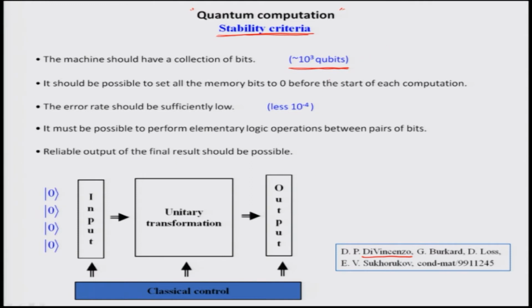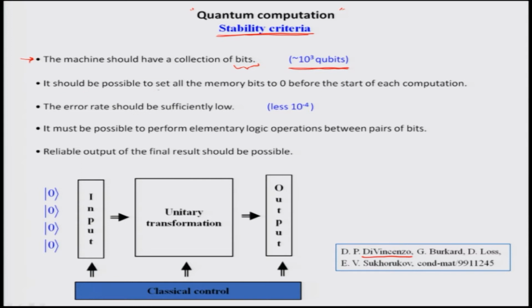So, currently, although about 1000 qubits or even more could possibly be available, the power coming from 1000 qubits is not really available in that sense. However, the first point that the machine should have a collection of bits, in our particular case qubits, is definitely the first criteria.